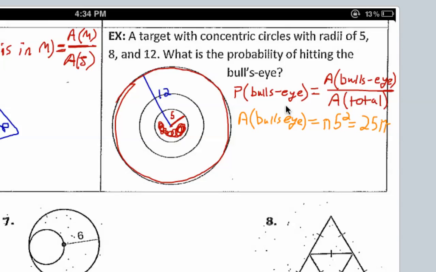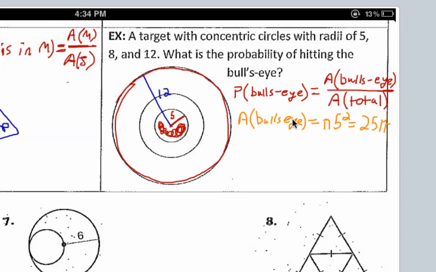And then the area of the total is pi times 12 squared, which equals 144 pi.